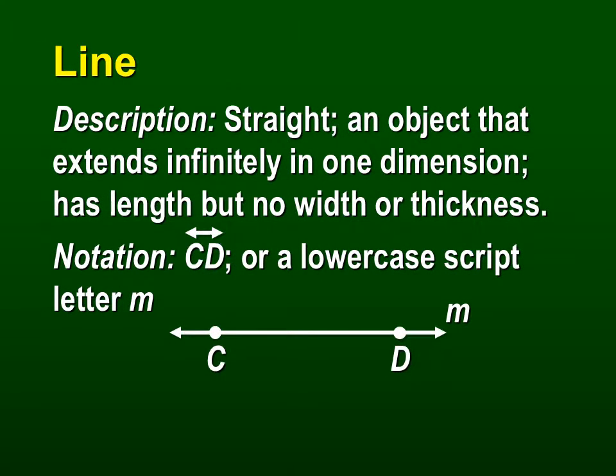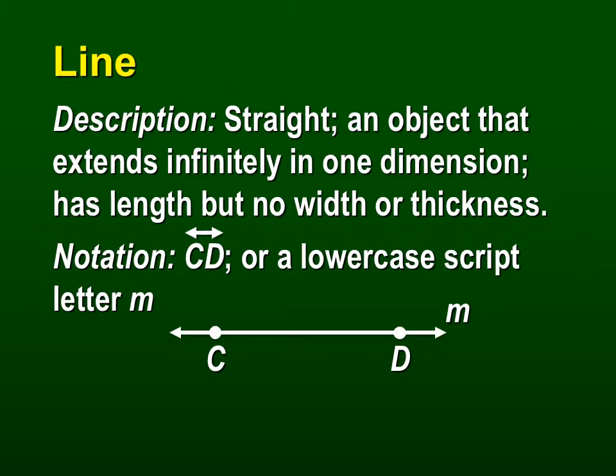Next we have line. The description of a line is straight. Lines are straight. It extends infinitely in one dimension. So it has length, but it's not going to have any width or thickness. Our notation is going to be 2 capital letters, and those 2 capital letters have to be 2 points on the line. Above those capital letters are going to be a line with 2 arrows on the end.